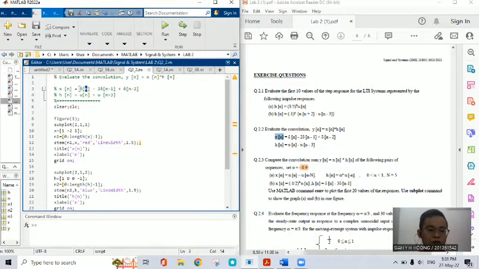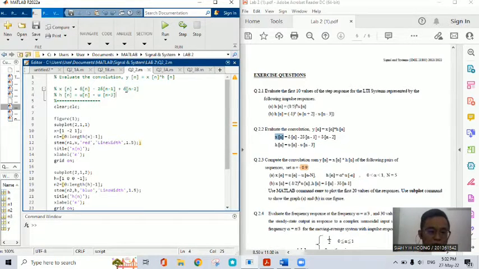Since we already have the locations, how can we know the magnitude? When n equal to 0, it will have a magnitude of 1. When n equal to 1, I'm going to have a magnitude of minus 2. When n equal to 2, I'm going to have a magnitude of 1.